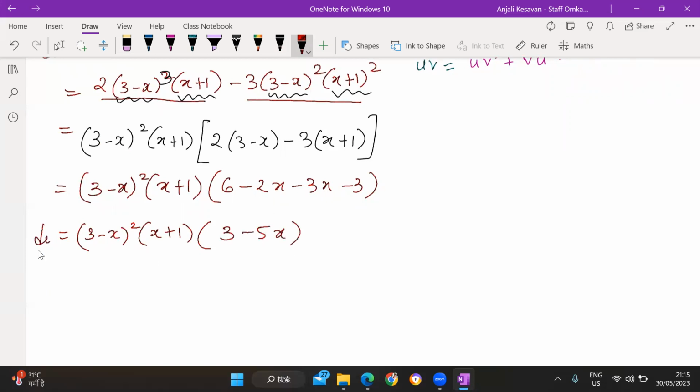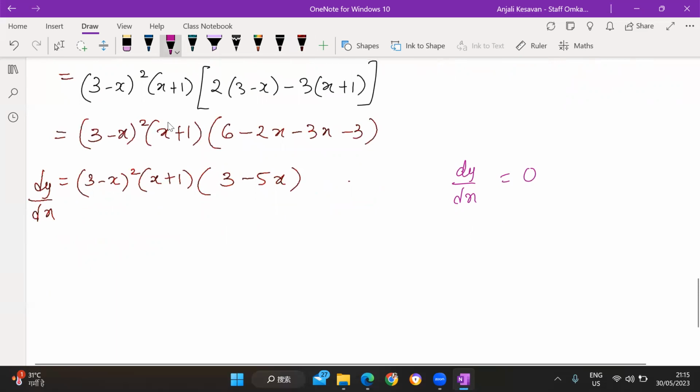Now that we have our derivative, that's your gradient function. The question is clearly telling you that it is equal to what? 0. You already know our gradient is 0, so mark it as 0. What do we get? Can you simplify this further?